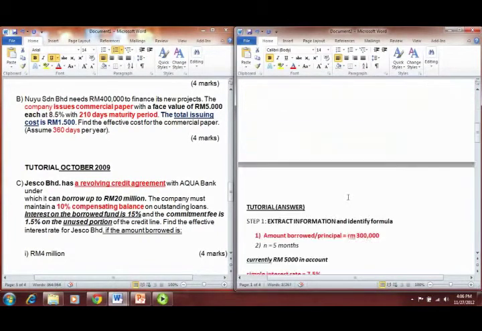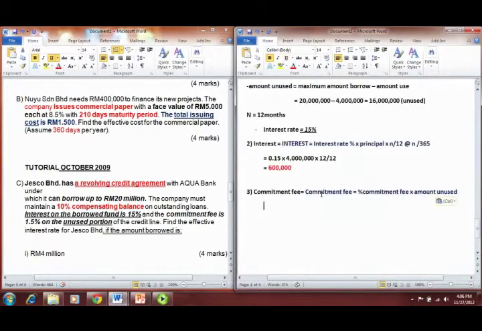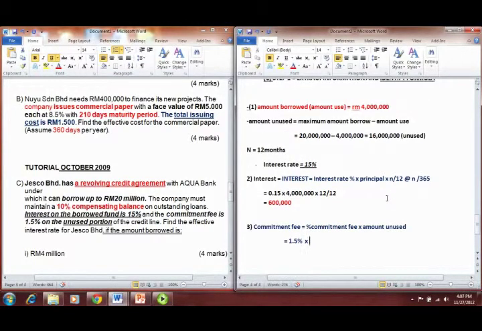So you can use the formula to calculate your commitment fee. So 1.5% is actually 0.015 times your amount unused. As you can see in your information, right, class, this is your amount unused.